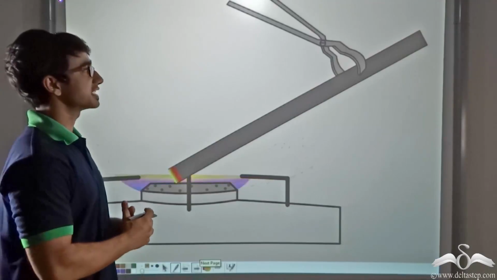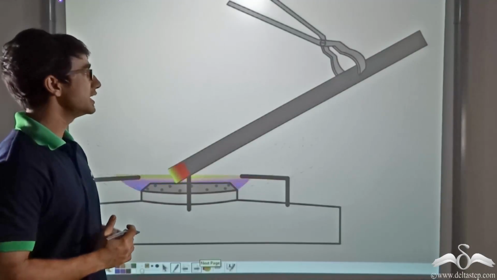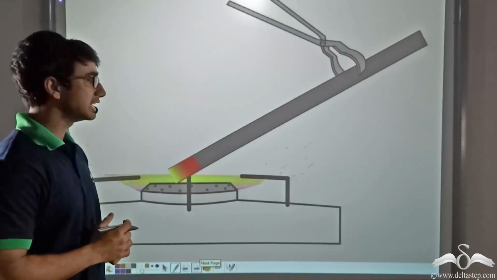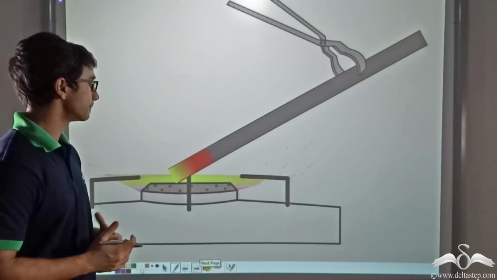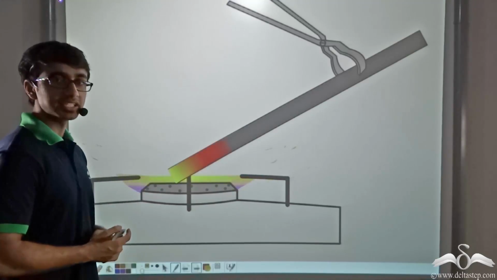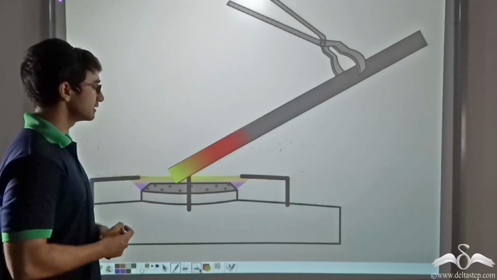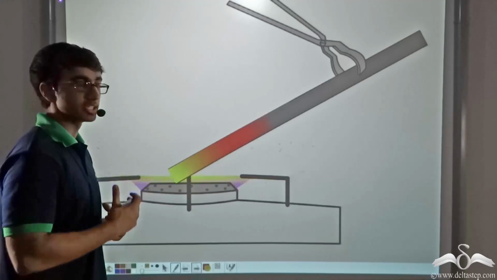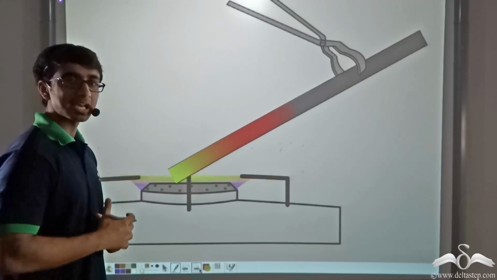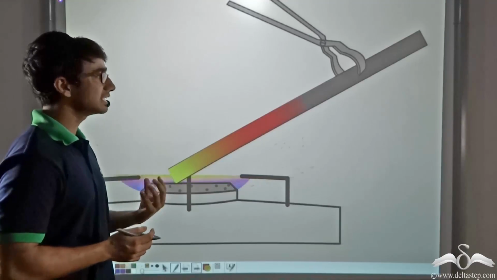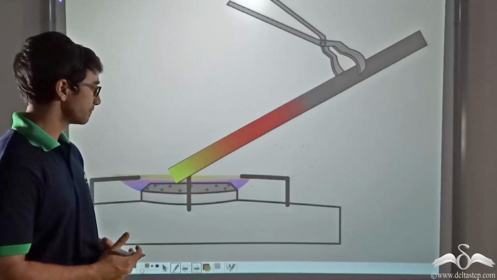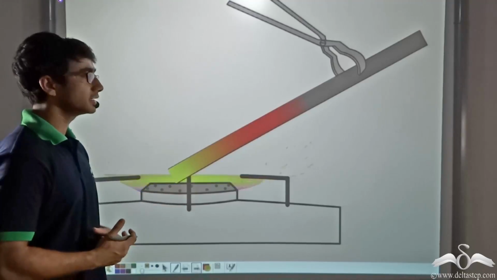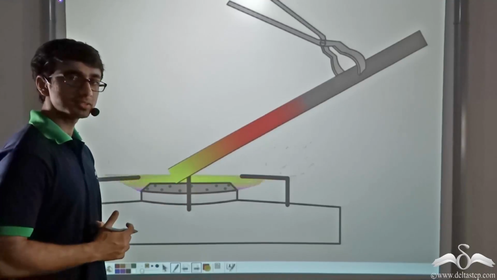Now consider a very interesting scenario over here. We are heating a metallic rod by keeping one end of it on the fire. Now if you observe closely, the end that is being heated is becoming red hot gradually. Now do you know what is happening? When we are heating this rod, what happens is the end which has been kept on fire is increasing in temperature.